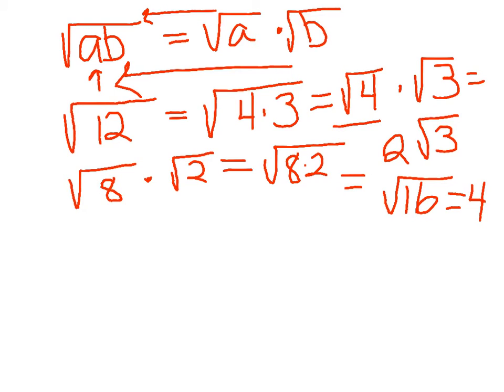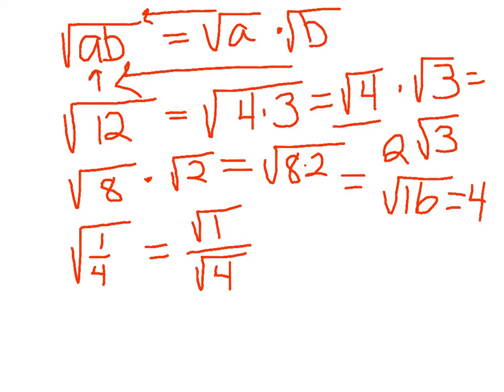Now, this also works for division. So if I have the square root of 1/4, I can say that's the square root of 1 divided by the square root of 4. The square root of 1 is 1, square root of 4 is 2.